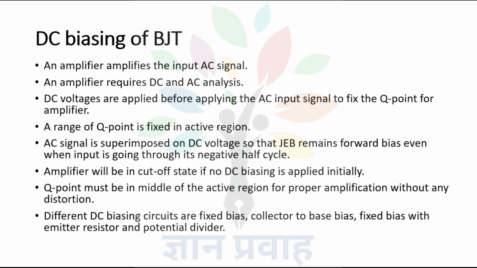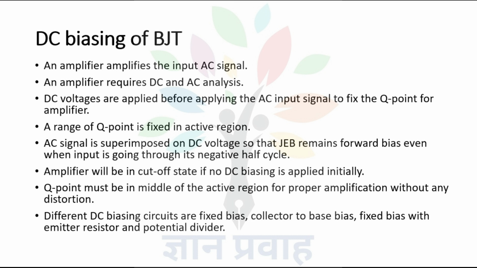An amplifier amplifies the input signal. It requires both DC and AC analysis: for amplification we use an AC signal, so we require AC analysis. But before applying the input signal, we fix the Q point, or properly bias the transistor, which requires DC analysis.